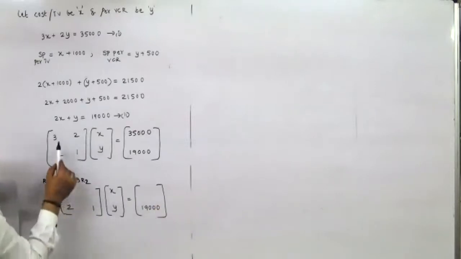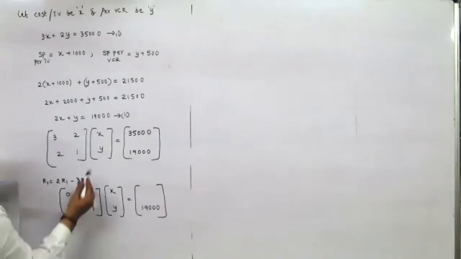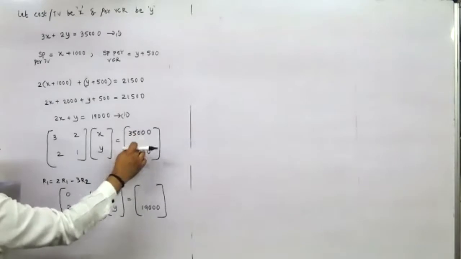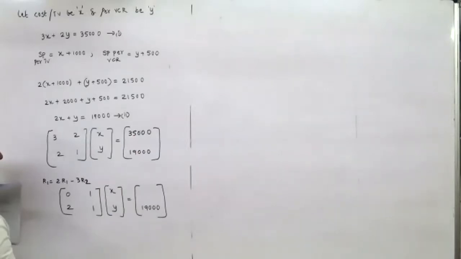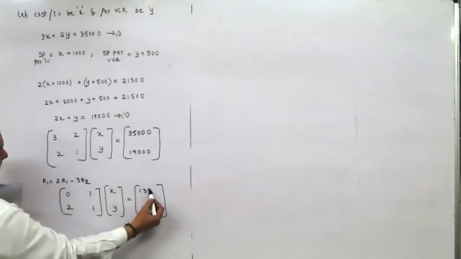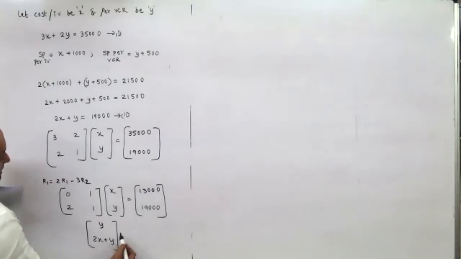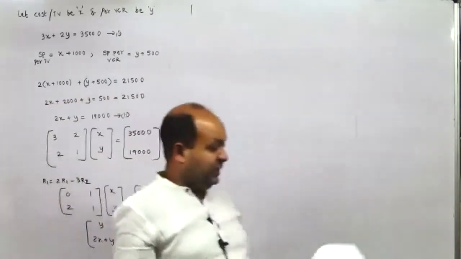Now here 2 R1, that is 3, 2 into 3, 6 minus 6 is 0. 2 into 2, 4 minus 3 is 1. 2 into 35,000, 70,000 minus 3 into 19,000, 57,000, is 13,000. So this would be Y, and Y is 13,000, and 2X plus Y is 19,000.